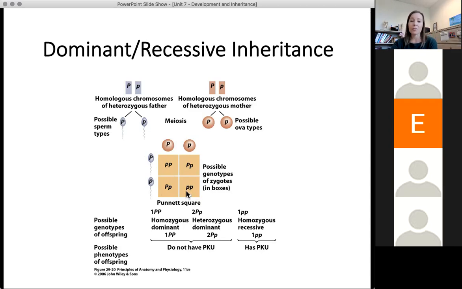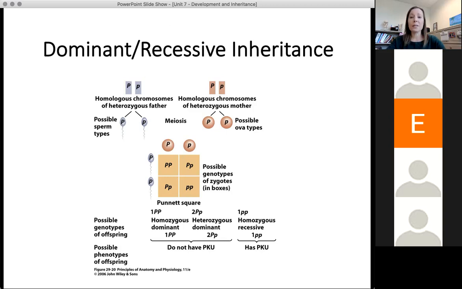Another one would have 2 recessive alleles, so there's a 25% chance that the offspring would have both recessive alleles. And then 2 out of 4 would be heterozygous with 1 dominant allele and 1 recessive allele. So there's a 50% chance that the offspring would be heterozygous.